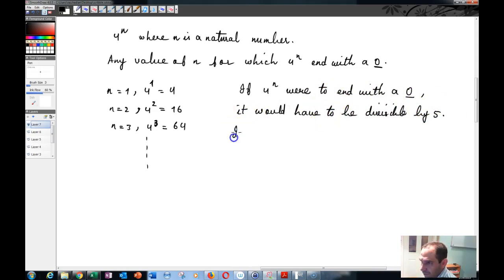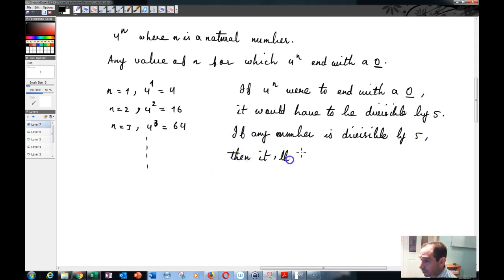Now if any number is divisible by 5, then it will have at least one factor of 5 in its prime factorization.